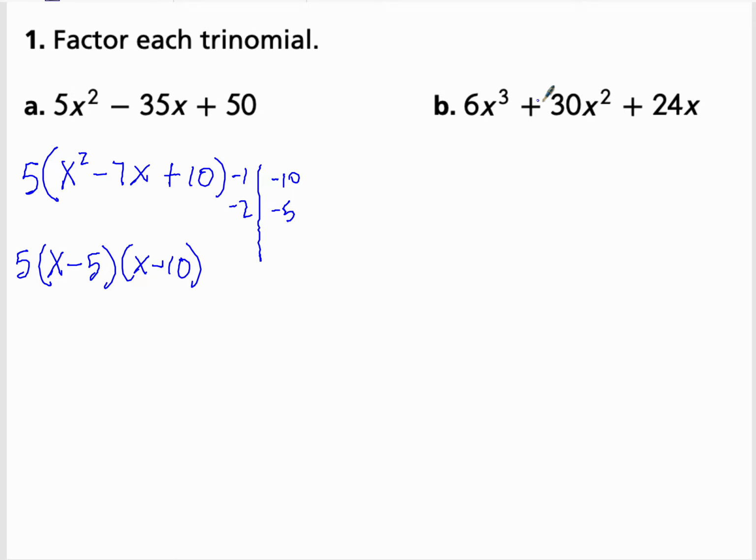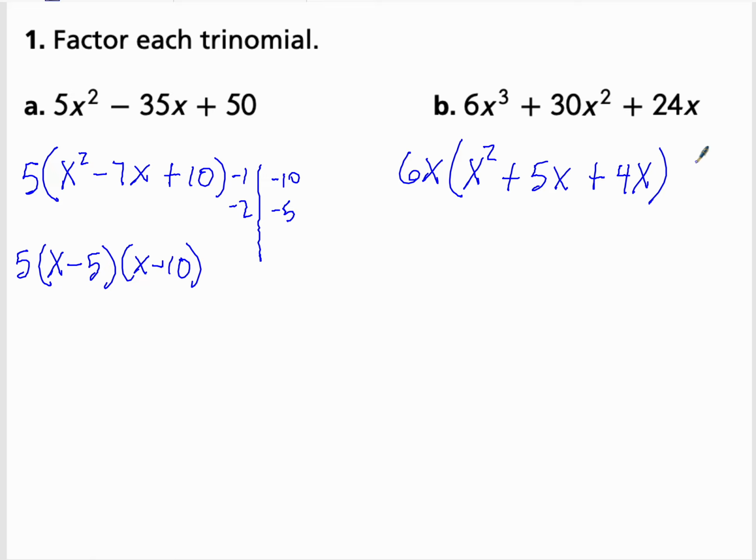And then this one here, we can factor out a 6x, and that would be 6x times x squared, and then 30x squared divided by 6x would be 5x, and then 24x divided by 6x would be 4.